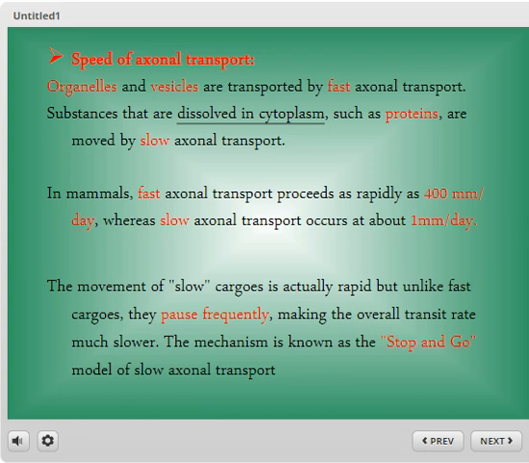The movement of the slow cargoes is actually rapid, but unlike fast cargoes, they pause frequently, making the overall transit rate much slower. The mechanism is known as the stop-and-go model of slow axonal transport.